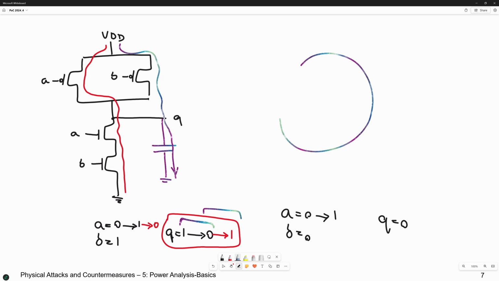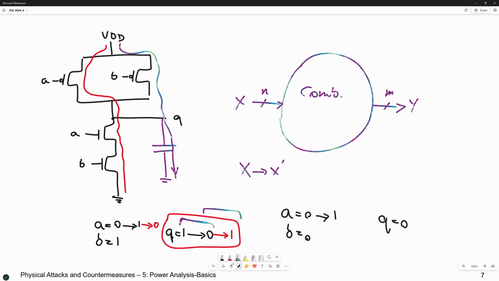You have a combinational circuit, and it has an input X, for example n bits, and then an output Y, which is another number of bits. Then X changes to X prime.